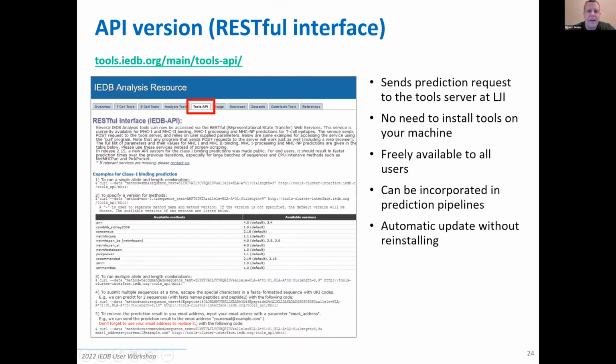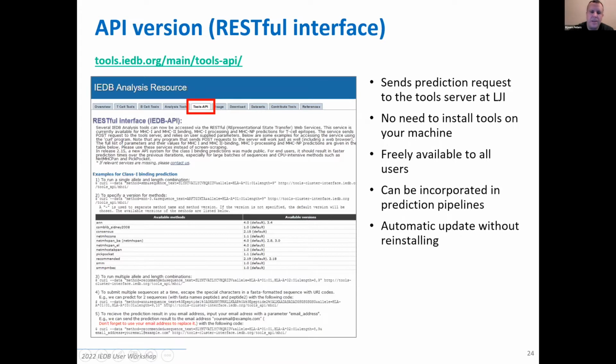Then we have an API version of the tools. So this is where you send a prediction request to the tool server at LJI through a script. So there's no need to install tools on your local machine. This is freely available to all users.